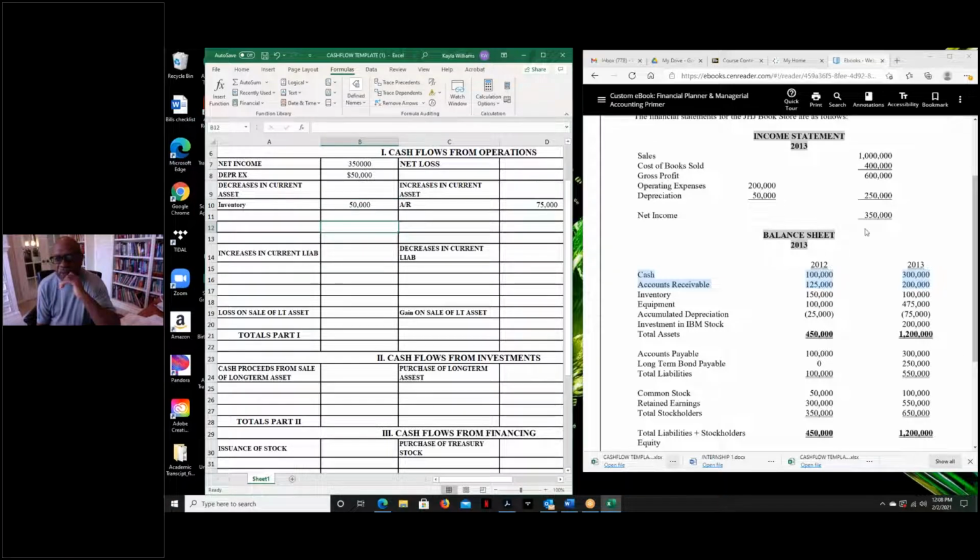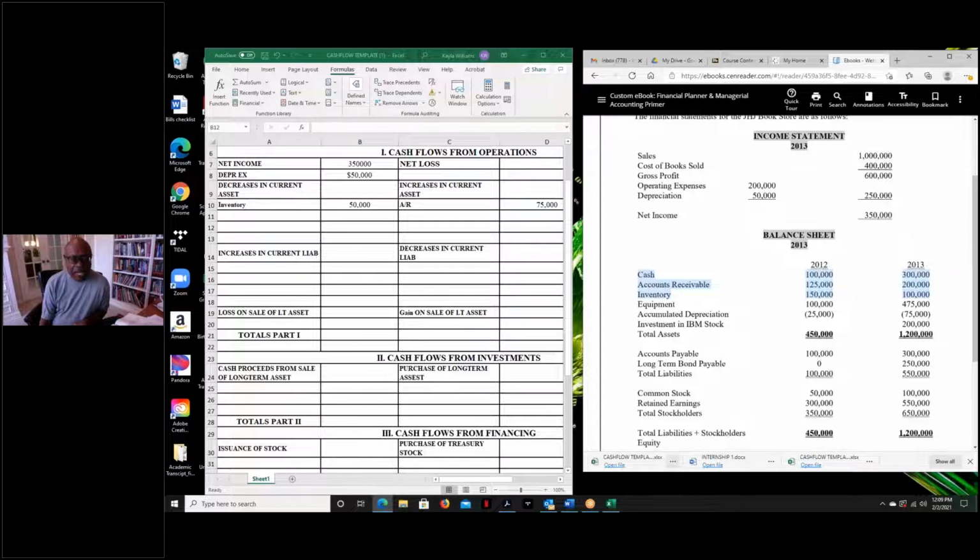Okay. And then same thing for equipment, right? But what part does equipment go in? Equipment will go right under accounts receivable because it increased.